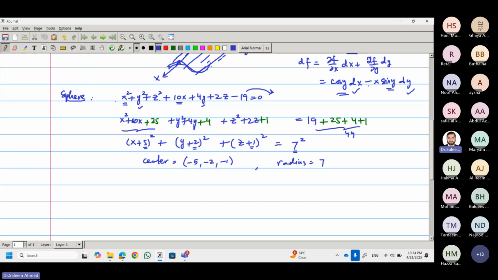So if I give you this equation and ask you what the center and the radius are, you can just do these steps. We call them completing squares. By completing squares of x, y, z, you can easily find the radius and center.